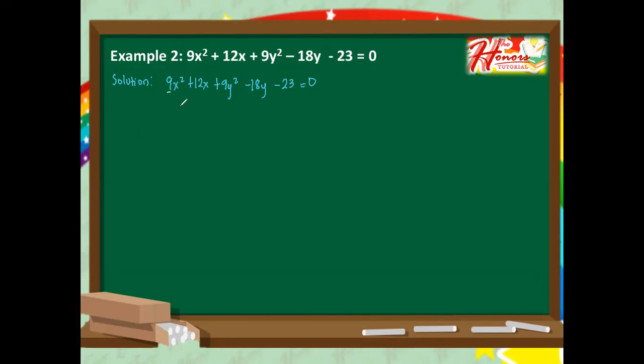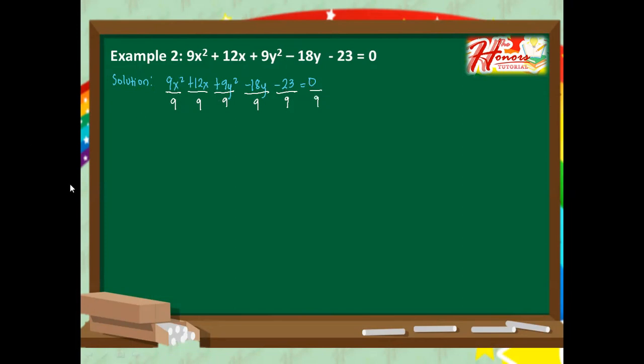So if that is the case, we have to divide all of the terms by 9, which is the numerical coefficient of x squared. So let's divide by 9, divide by 9, divide by 9, and another divide by 9, and divide by 9. How about 0? You have to, because you have to balance your equation.